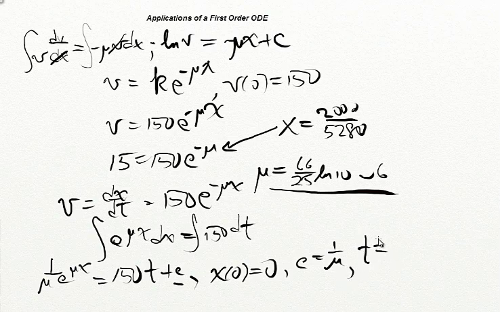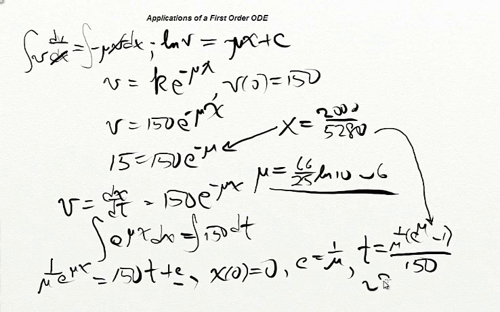T turns out to be 1 over mu times e to the mu times, again, this value, minus 1, all divided by 150. Notice that t is measured in hours. It turns out to be a rather small number. In fact, it's approximately 35.5 seconds.